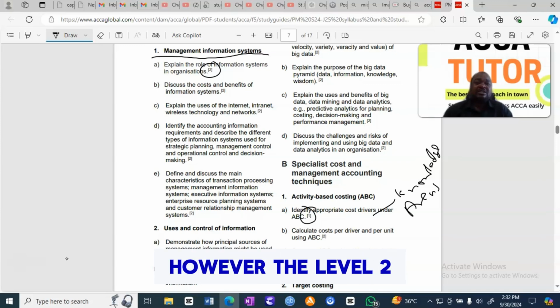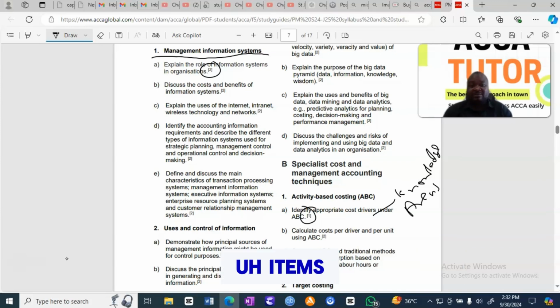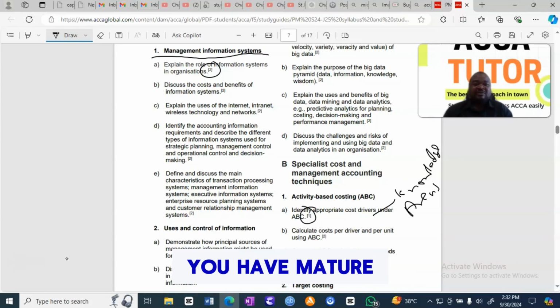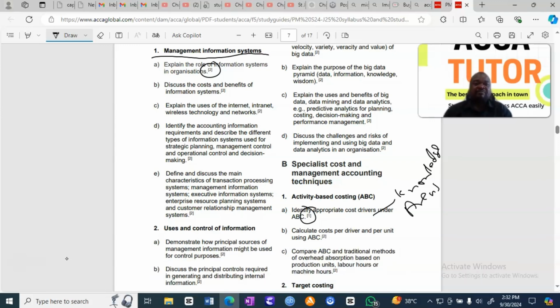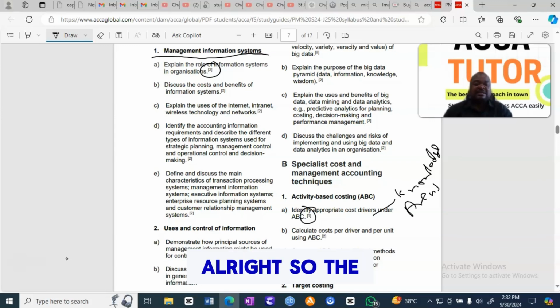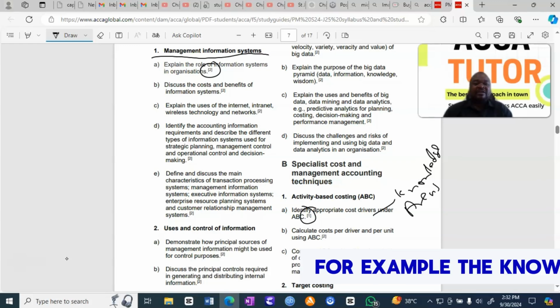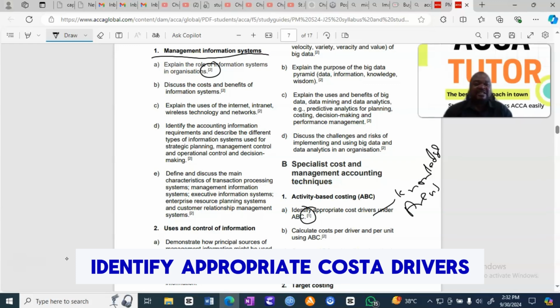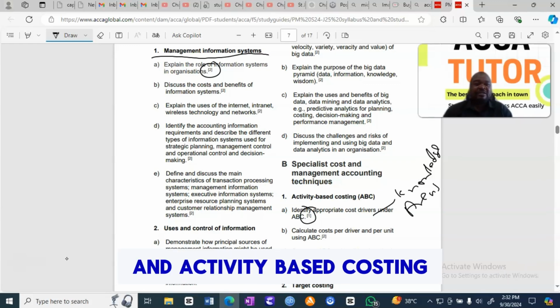However, the level 2 ones are the applied skills level items, and you need to show the examiners that you have become of age, you've now become a mature person. So for example, the knowledge level area is identify appropriate cost drivers under activity-based costing.